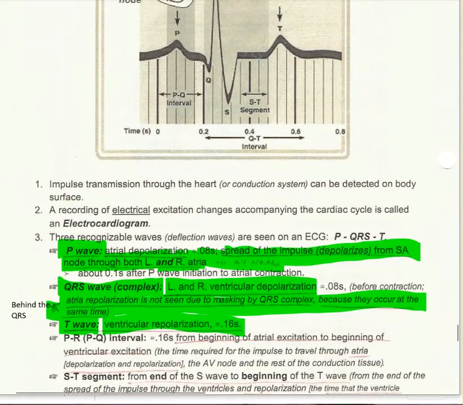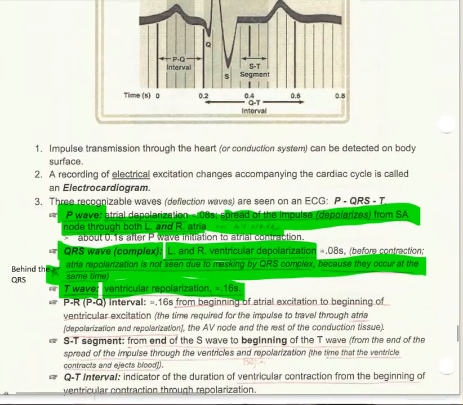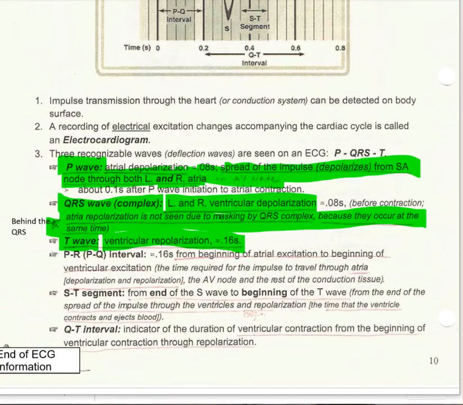The PR or PQ interval is from the beginning of atrial excitation to the beginning of ventricle excitation. This is the time required for the impulse to travel all the way through the atria, depolarize and repolarize, and the AV node.